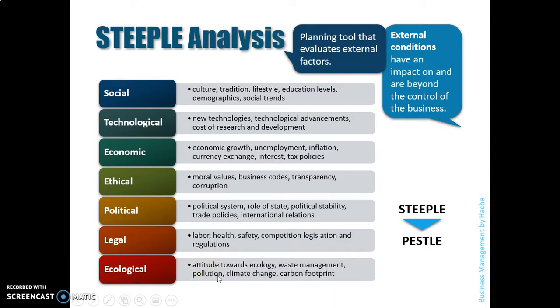And even before that, there was the PEST analysis that only looked at political, economic, social, and technological, and didn't consider ethical, legal, and of course ecological too. So this is an interesting way to see how business has evolved throughout the years.